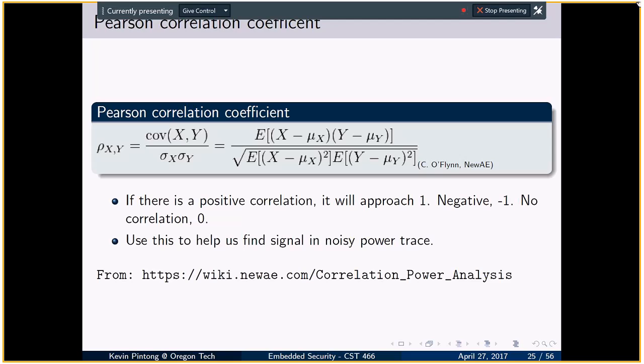It ranges from -1 to 1, where -1 indicates a negative slope of the correlation. It doesn't indicate no correlation. We take the absolute value generally, so 0 is no correlation, all the way to 1, which is a very strong correlation.